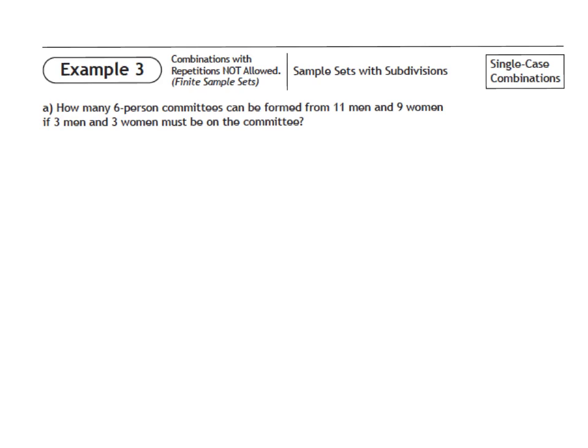Get the 3 men plus the 3 women. Do them separately, right? Choose 3 men, choose 3 women. So how many men are there? 11? Is that what you did? 11 choose 3? And then 9 choose 3?